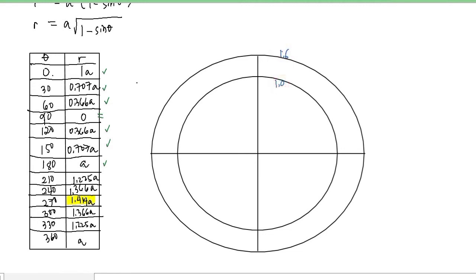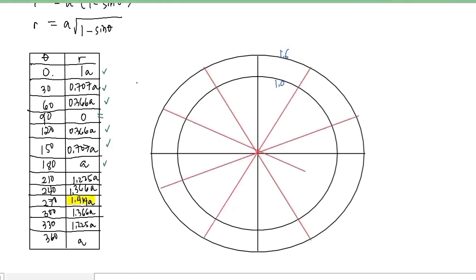Okay? So, tingnan natin. We have 30 degrees. Lagay nga muna ako ng mga lines. Ayan. Okay. So, this is for 30.